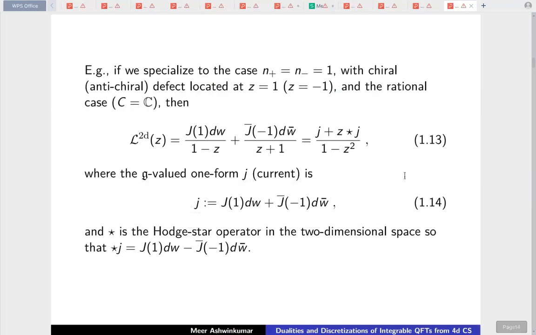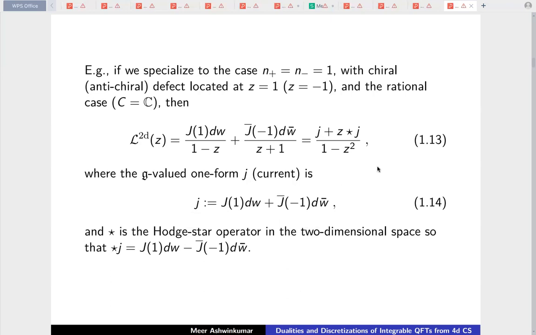And if you just specialize to the case of, say, one chiral defect, one anti-chiral surface defect, and we focus on C being the complex plane, you actually retrieve the known form of the Lax connection for the massless Thirring model or many other integrable field theories, which takes this form.